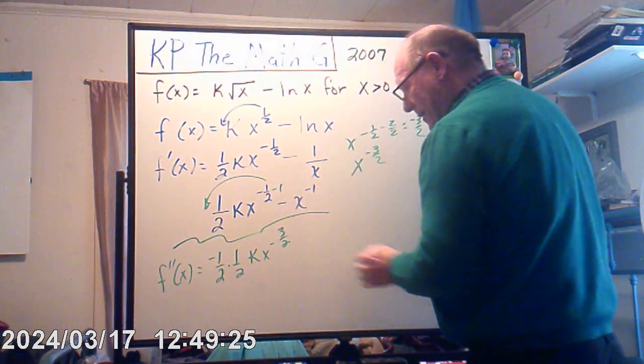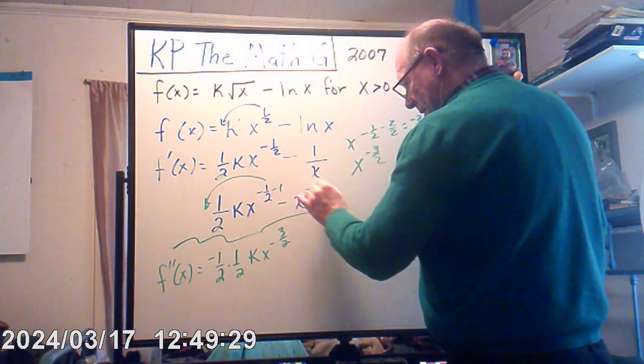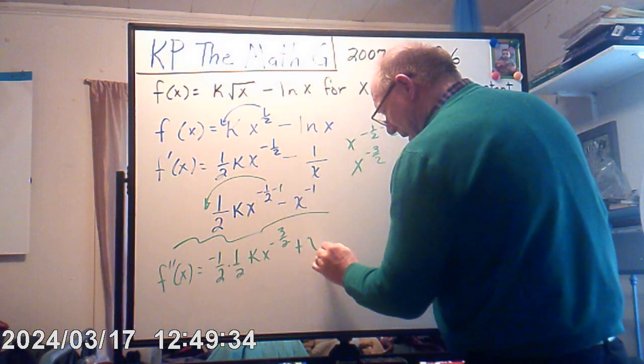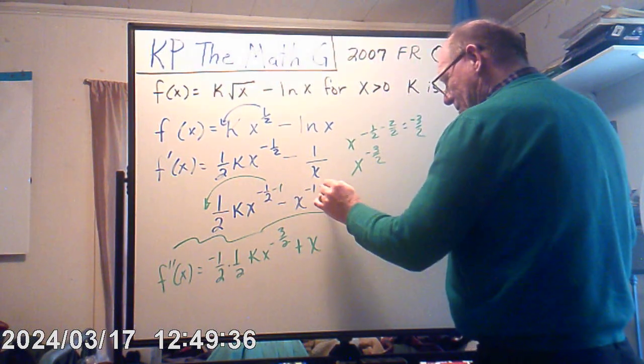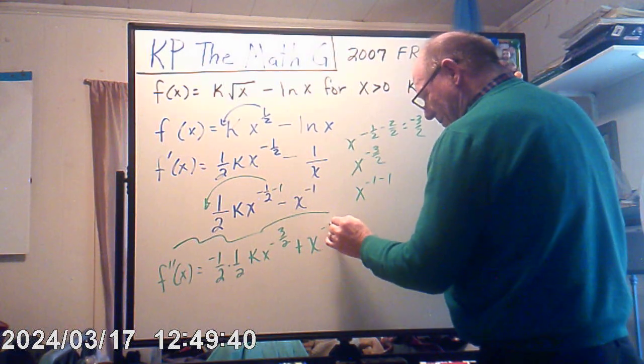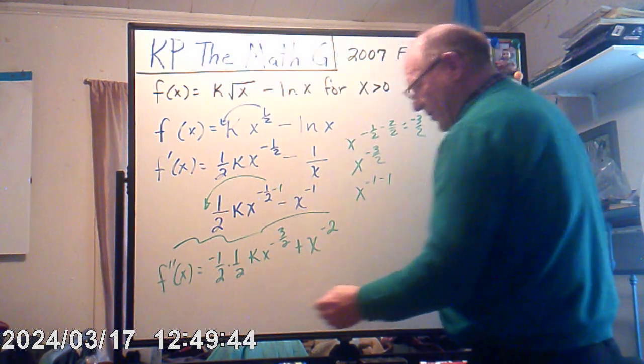And then for this other part, the negative times the negative is a positive x. Now minus 1 from that one. Minus 1 is negative 2 right there. And let's multiply this out.